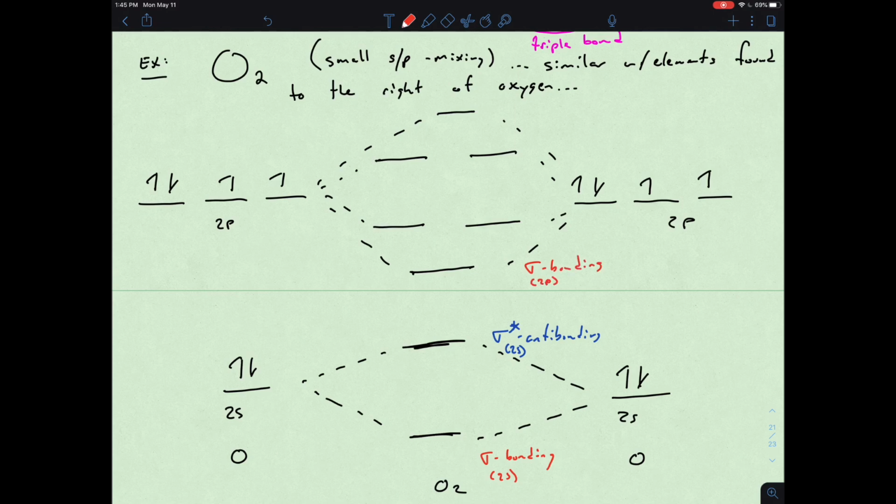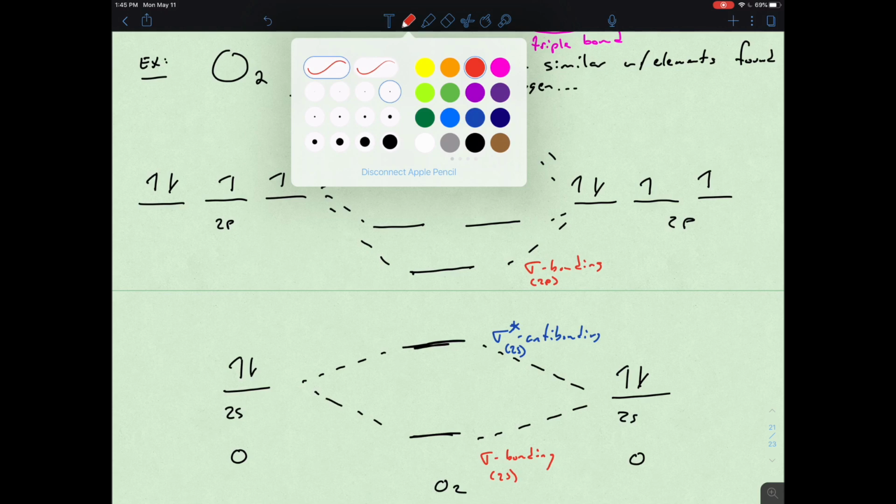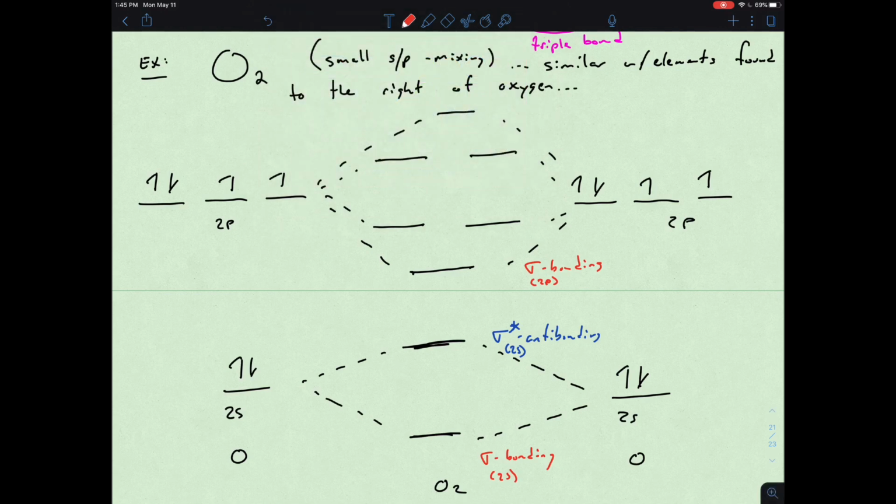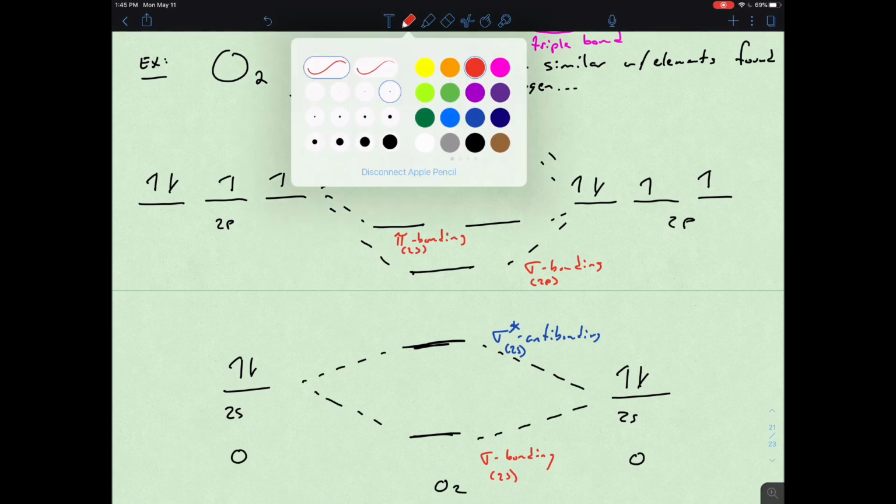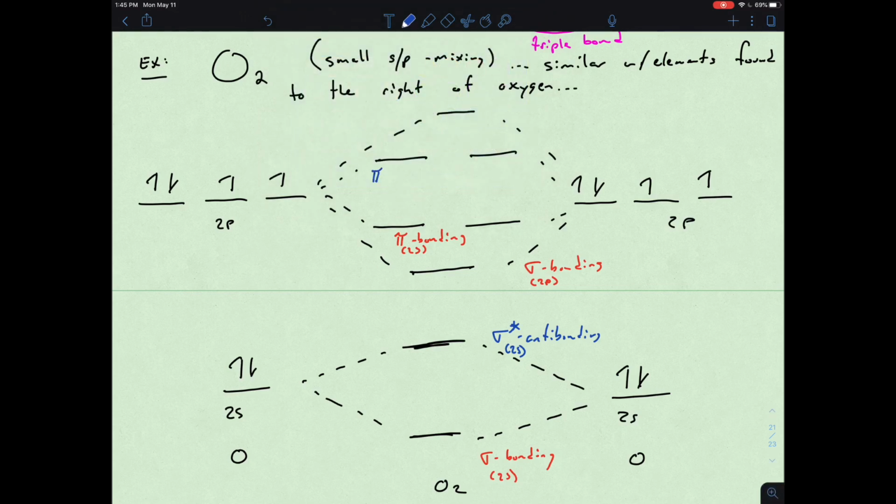That's our 2p connection. We then have 2 of those pi orbitals. So here is our pi bonding for the 2p. Above that, we have our pi star for the anti-bonding orbital of the 2p, and at the very top, we have our sigma star for the 2p as well.